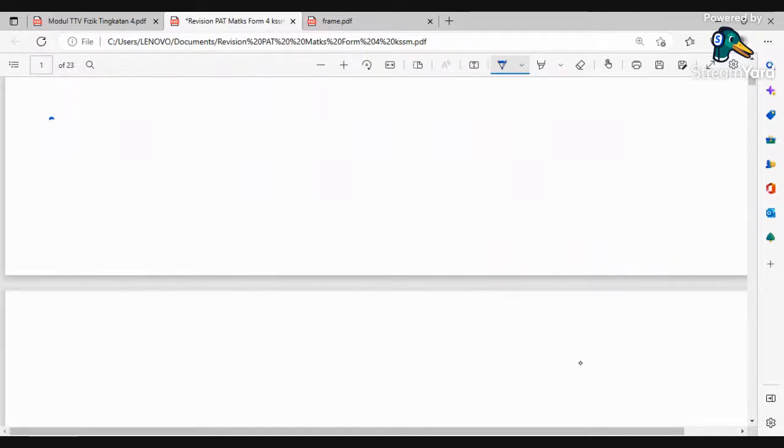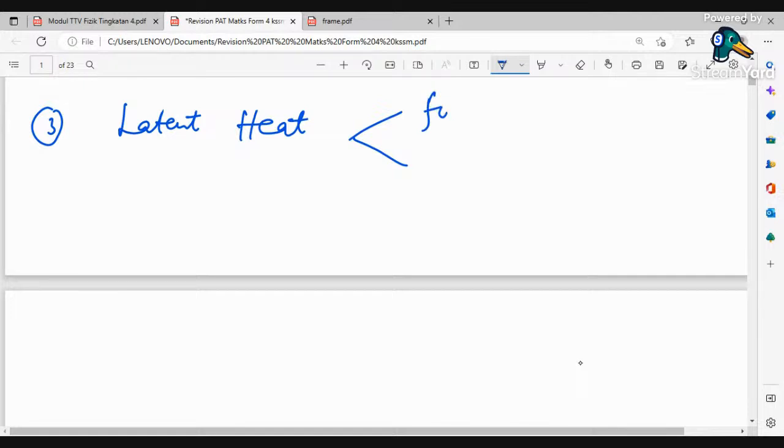And then we discuss latent heat. Ada dua ni: fusion and vaporization. So the part was simple.